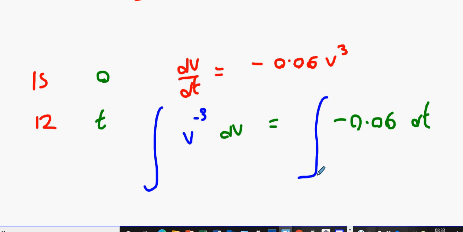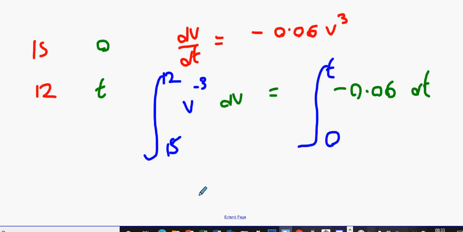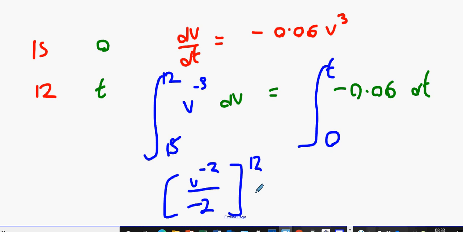Which one goes where, guys? 0 and? 15. Yeah. 12 and? t. Alright, this is very bog standard question at this rate. Phi to the minus 2 over minus 2, from 12 and 15, equals minus 0.06 t from t to 0.